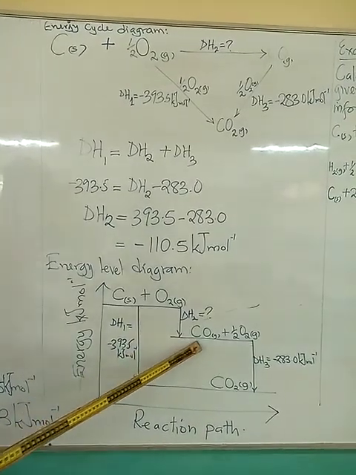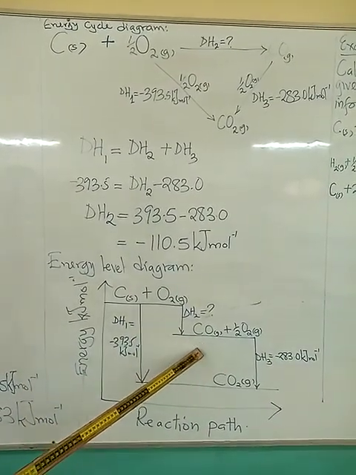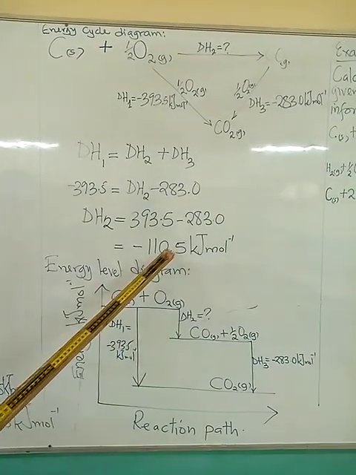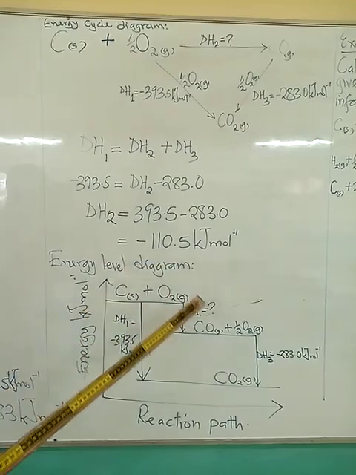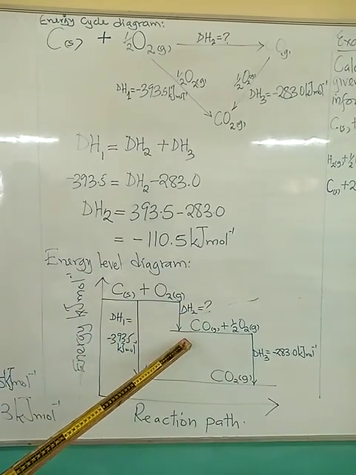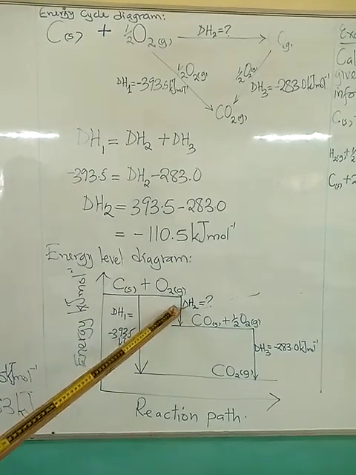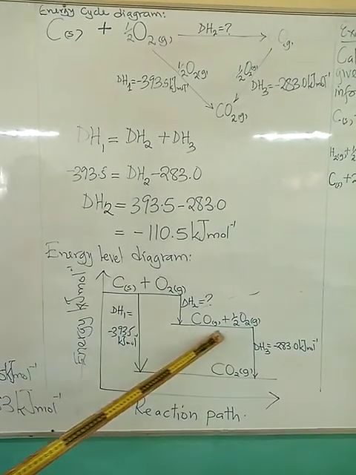For the intermediate product formation, that is carbon monoxide, the enthalpy change we obtained was a negative value. Therefore, the arrow showing the formation of the product appears just below the initial reactants to give us the intermediate product.